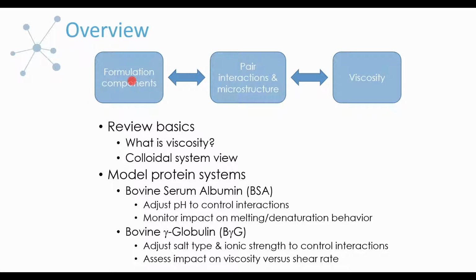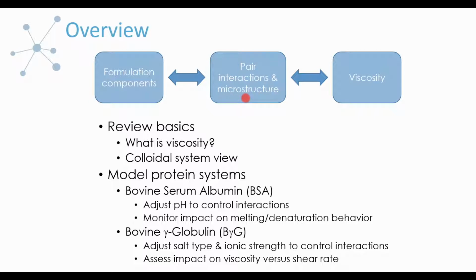So I want to introduce the idea of thinking in this way, that as you measure viscosity and you know what your formulation components are, there are some ways of trying to interpret and pull out how everything's interacting and the microstructures that are forming.